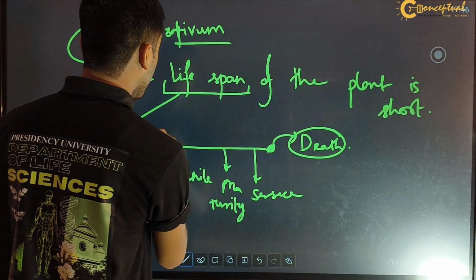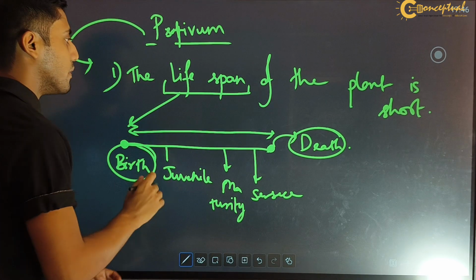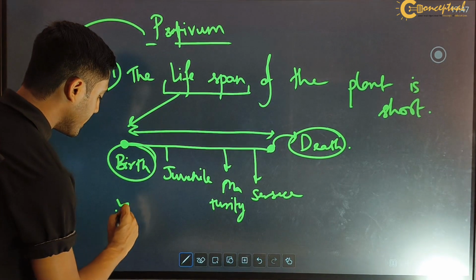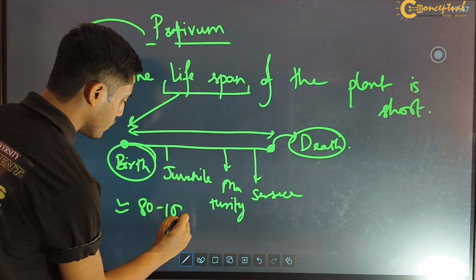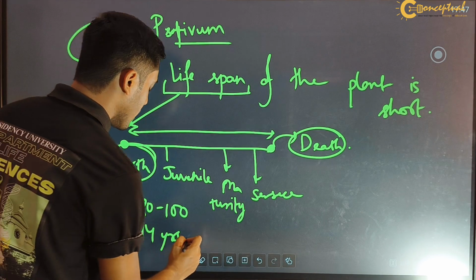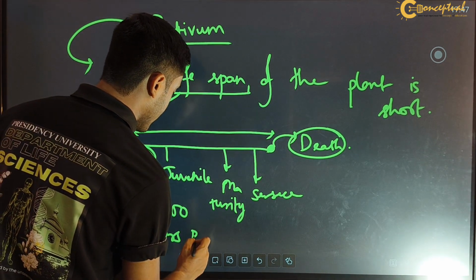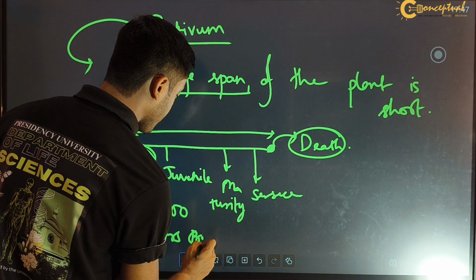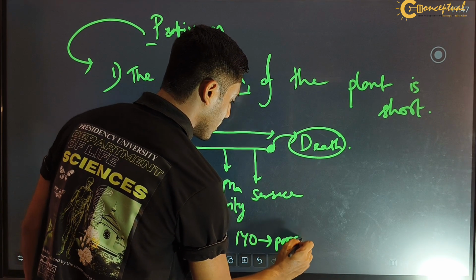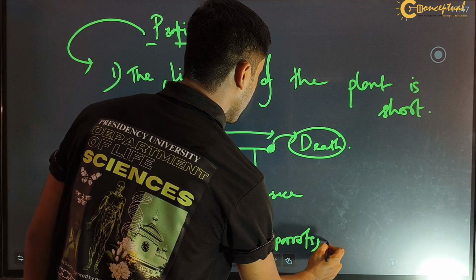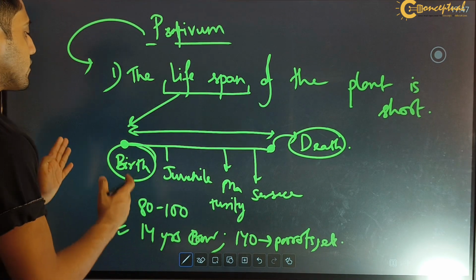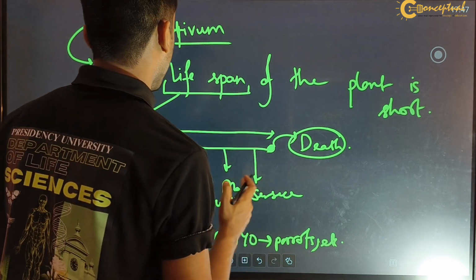This time period will be variable in different organisms, approximately 80 to 100 years in case of humans, approximately 14 years in case of other birds like, say, crow, but around 140 years in case of parrots. These are examples of certain lifespans. All right. So the period from birth to natural death of an organism is known as the lifespan.